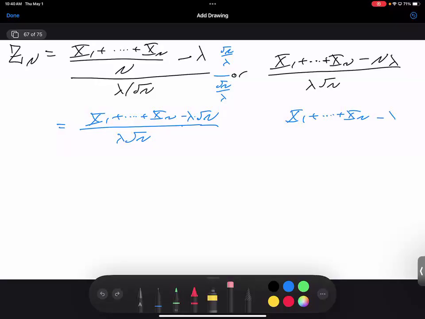And then the other one is going to be, yes, minus lambda over n. Okay, so minus, and I want to keep everything with the lambda square root of n.